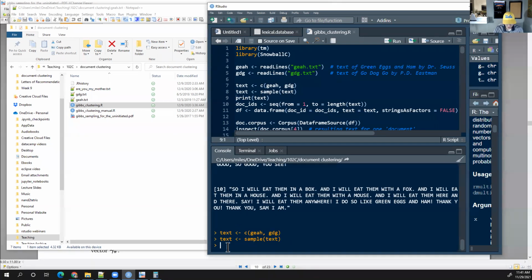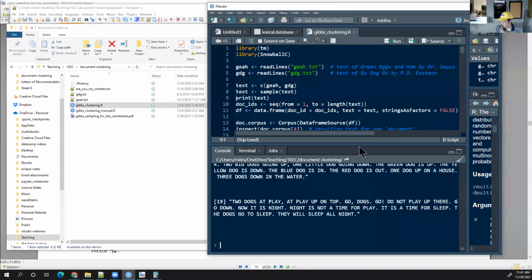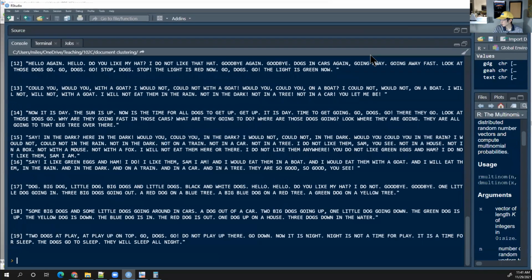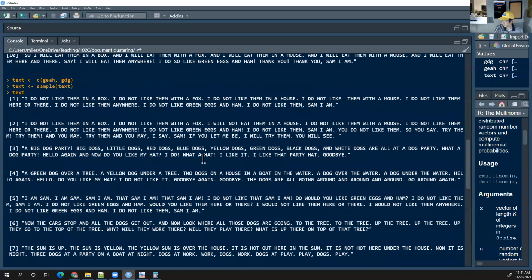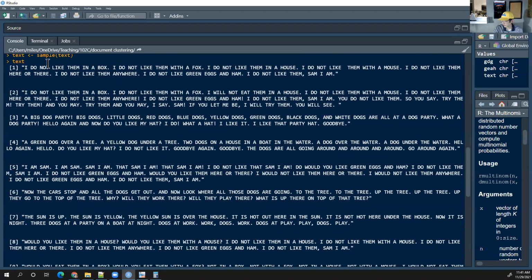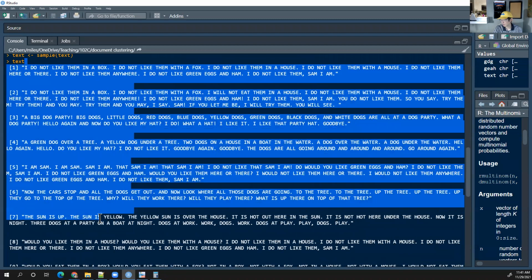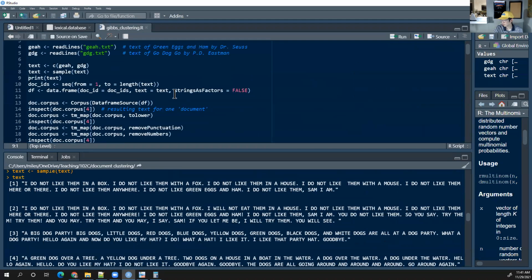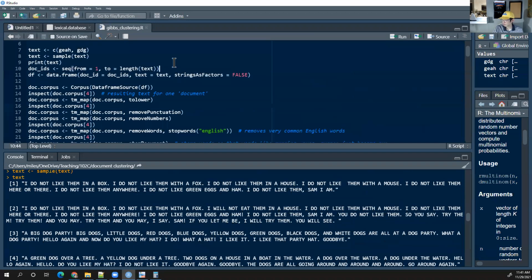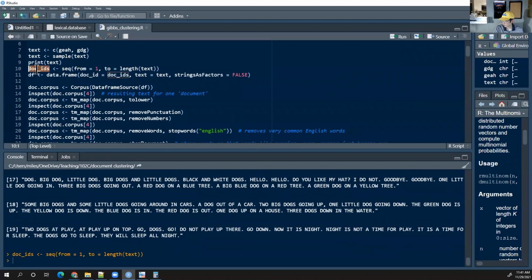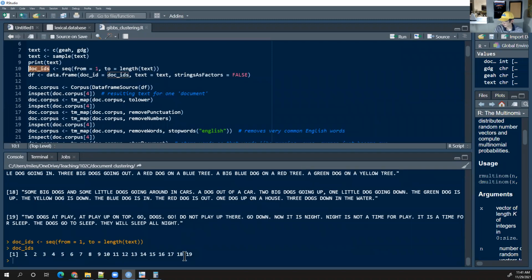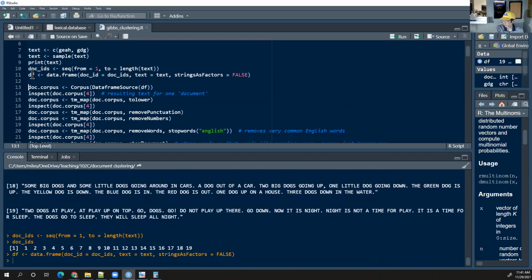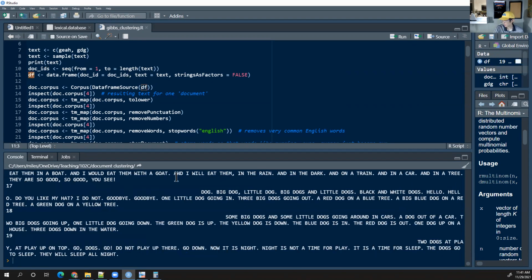And I shuffled these up. So here I've got 19 documents, and they're all mixed up now. Can we sort these into two different clusters? We have 19 different documents, and here I'm going to create a data frame based on this.